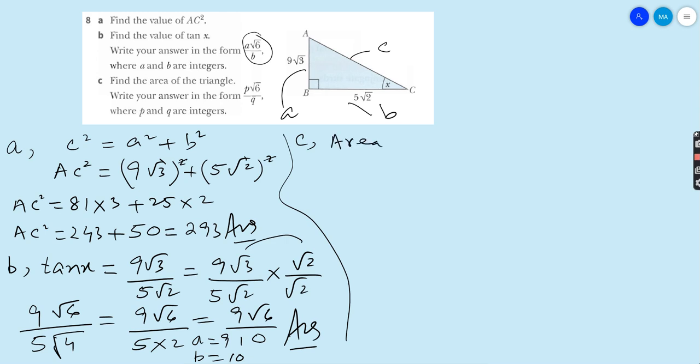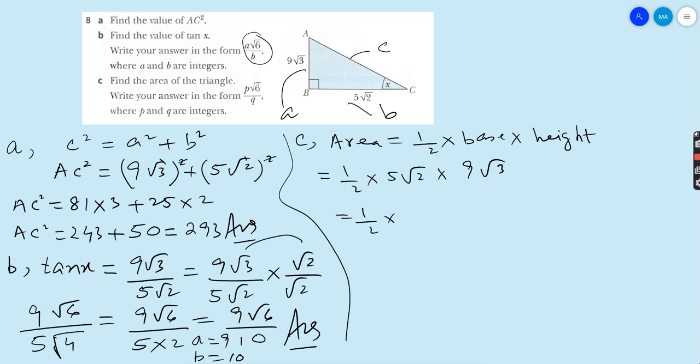Area of a right angle triangle is 1 upon 2 into base into height. 1 upon 2, base is 5 root 2 and height is 9 root 3. 5 nines are 45 and root 2 into root 3 is root 6.